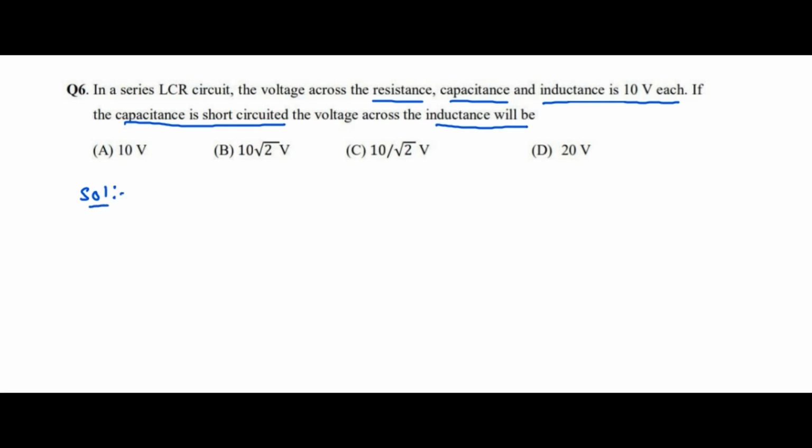Here he has given the potential drop across resistance, across capacitor, across inductor is 10. We can write IR is equal to IXC is equal to IXL, that is nothing but 10. From this we can write R is equal to XC is equal to XL is equal to 10 ohm.